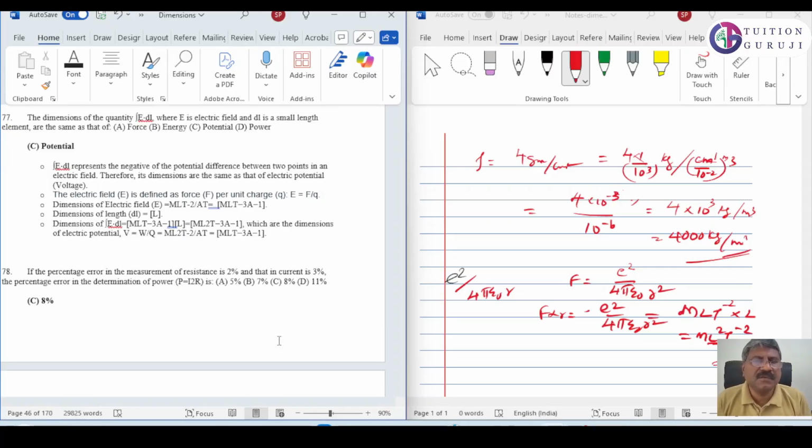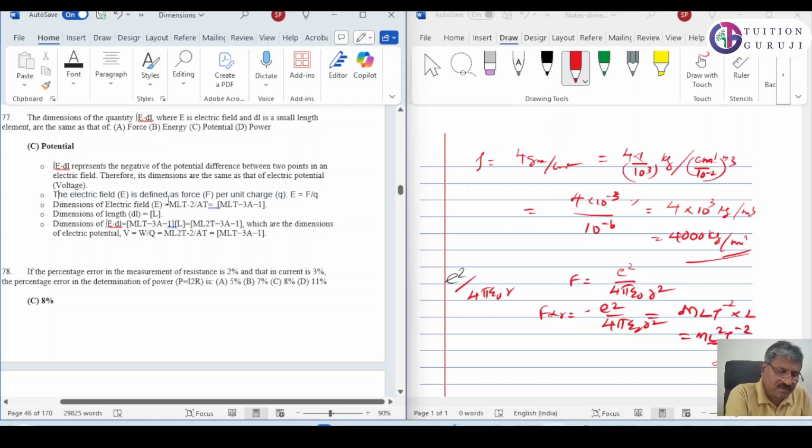The dimensions of the quantity integral of E dl, where E is electric field and dl is the small length element, are the same as that of force, energy, potential, or power? E dot dl represents the negative of the potential difference between 2 points in the electric field. Therefore, dimensions are the same as that of electric potential.